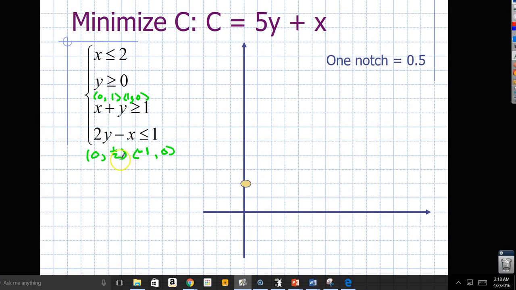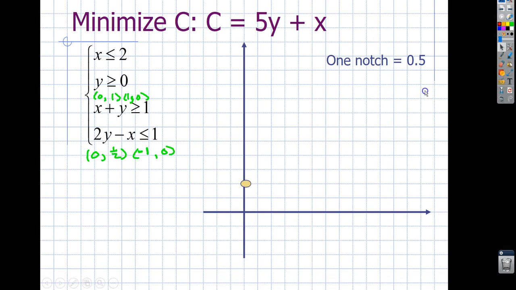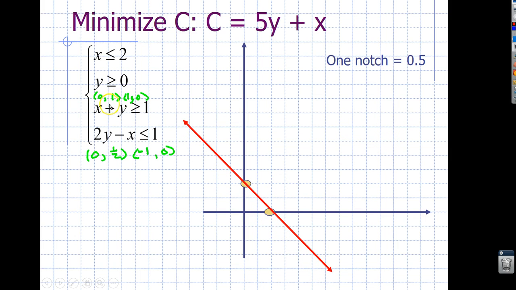Oh, okay, because these are by halves. So 0, 1 is what they're getting ready to graph. And then there's your 1, 0 and your line. And it says it's greater than, so it's going to go up.